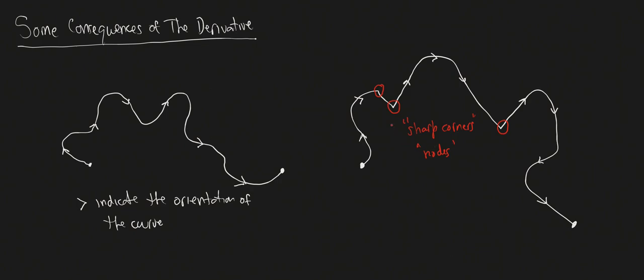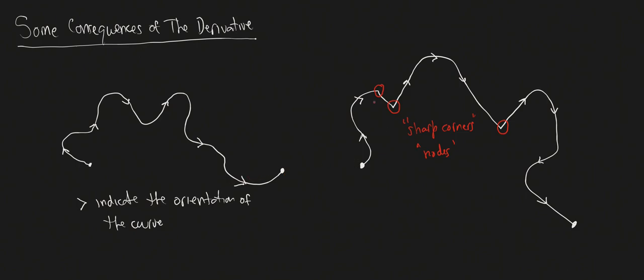Even when I was drawing it out, when I did that kind of abrupt turn or change of direction in the orientation, it's almost like I had to pause, just for an instant. Whereas over here, I did it smoothly. There was no pause, no jerky, instantaneous start and stop in my motion.